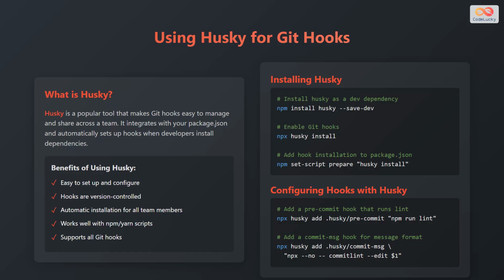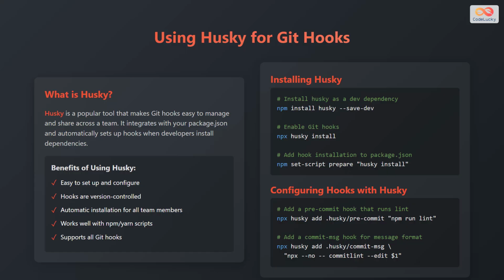Install Husky as a dev dependency by running the command npm install husky --save-dev. Enable Git hooks by running the command npx husky install. Then, add hook installation to package.json by running the command npm set-script prepare "husky install".